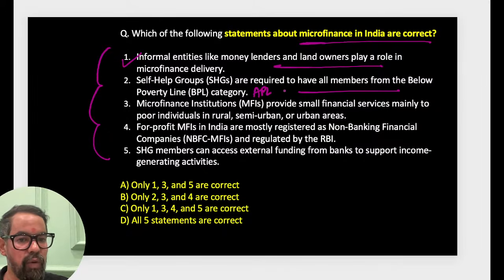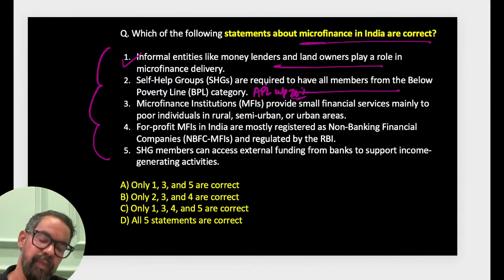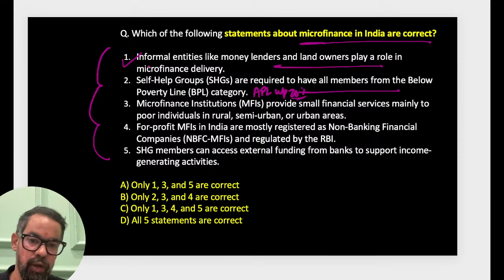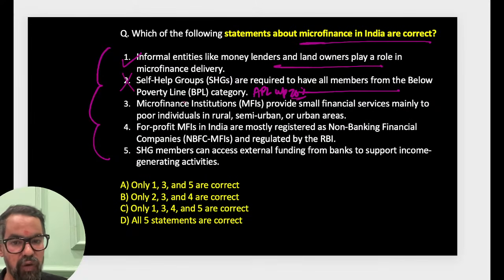Above poverty line, it can be up to 20%. What I can recall, this is 20-25%. And these should be nearby to that particular place only. It is not that they are from some other places. So in a village there are APL and BPL both, so all should be part of that particular village. That makes this statement wrong.